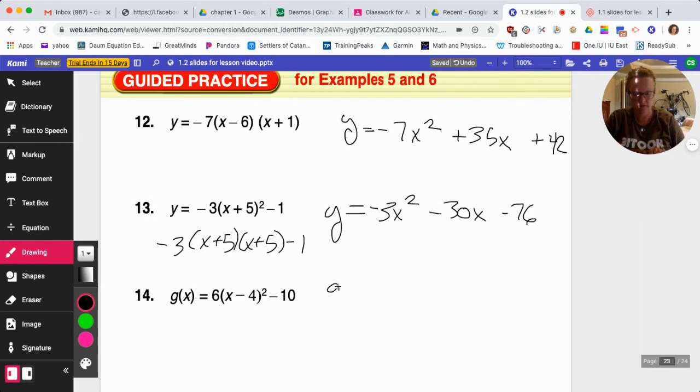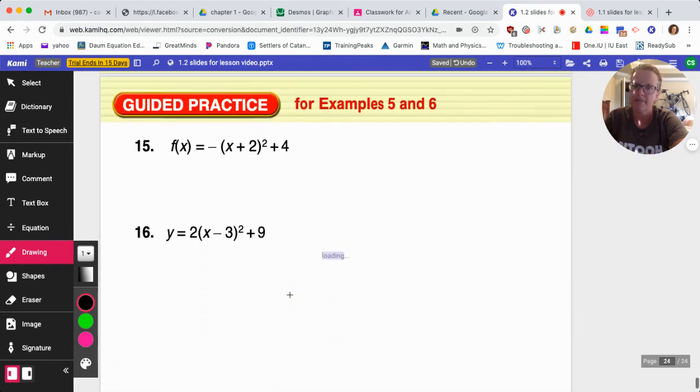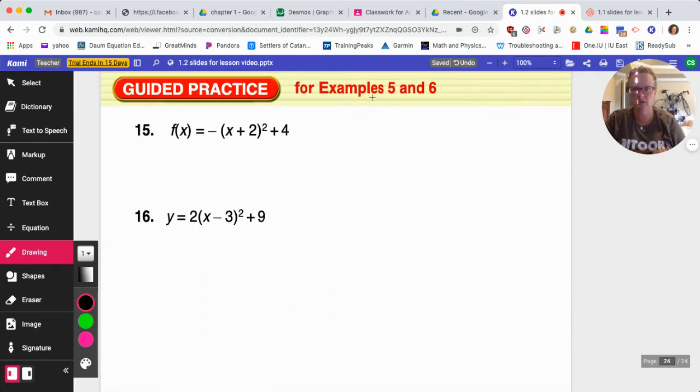14. G of x. Why g of x? Well, it's just a different way to name. F of x is like calling something Fred, and g of x is like calling something Gary. It doesn't matter. It's just a different name for an equation. Now you can push pause on these videos at any point.